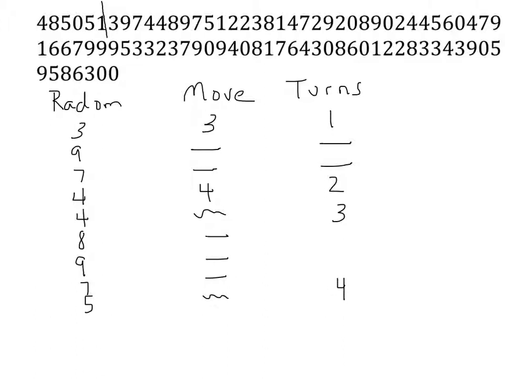My next random number is a 1, and I can move 1 space, so that is my 5th turn, and I have now moved a total of 8 spaces. Now I'm looking for a 2, and luckily my next random number is a 2, so I move 2 spaces, and that is my 6th turn. So in trial 2, it took me 6 turns to win the game.